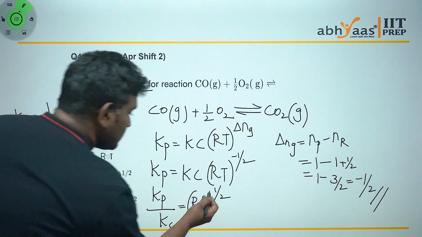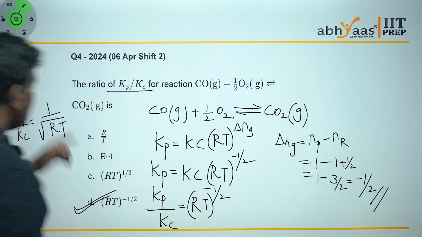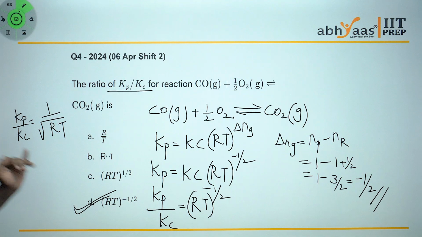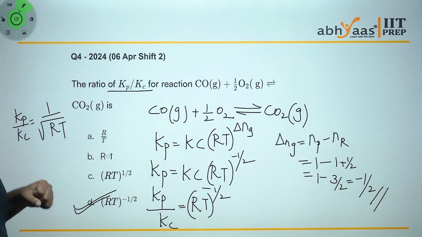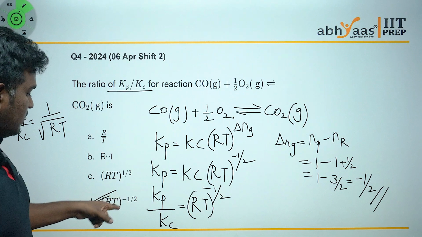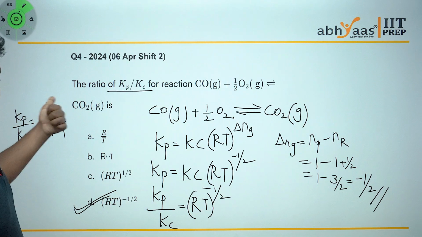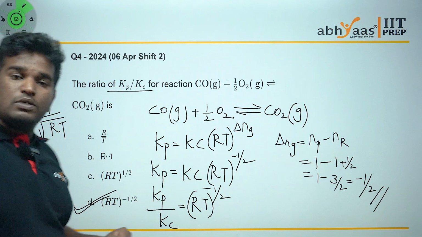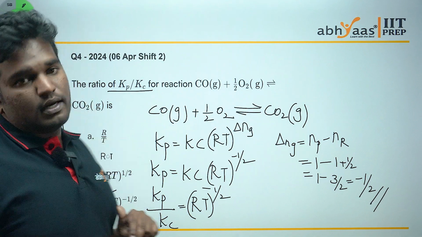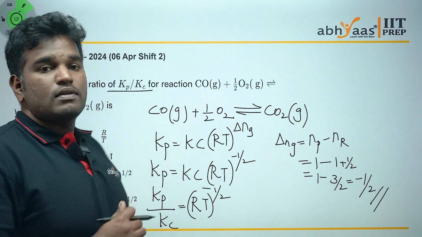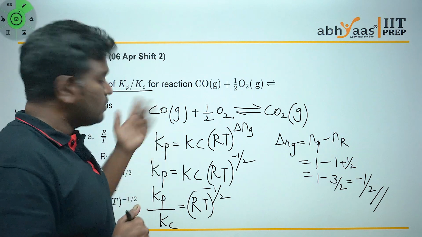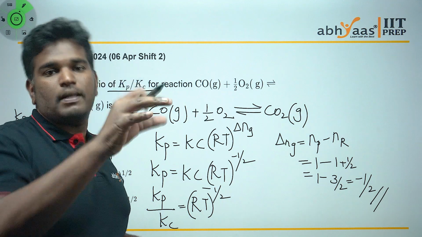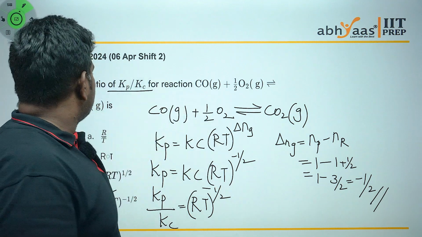Here it is not 1 by 2 but minus 1 by 2, so it goes in the denominator. So in some cases, when you are referring to some text, we can see Kp by Kc is equal to 1 by root RT. That is also the same. RT raised to minus 1 by 2 is 1 by root RT. So this is a kind of easy question for you if you know this relation and just apply the information given.